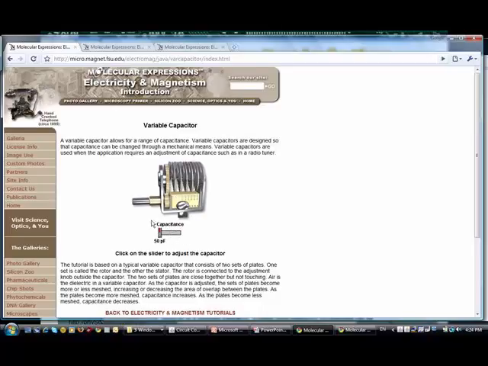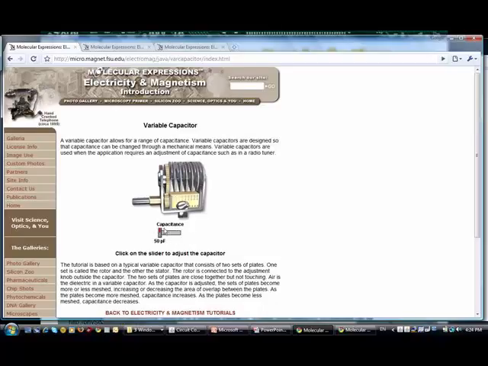Here, for example, not much of them overlap. Here, they are on top of each other. When the area is small, I have a small capacitance, 50 picofarads in this case. When the area is large, I have 10 times as much capacitance, or 500 picofarads.